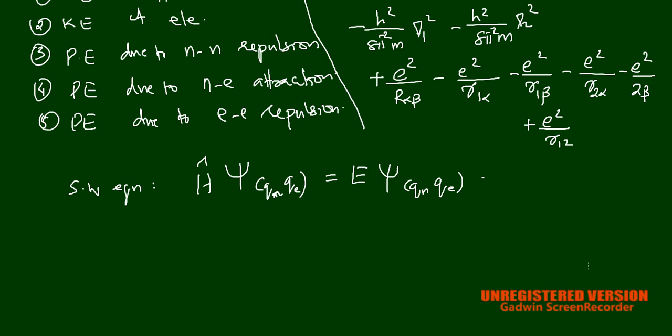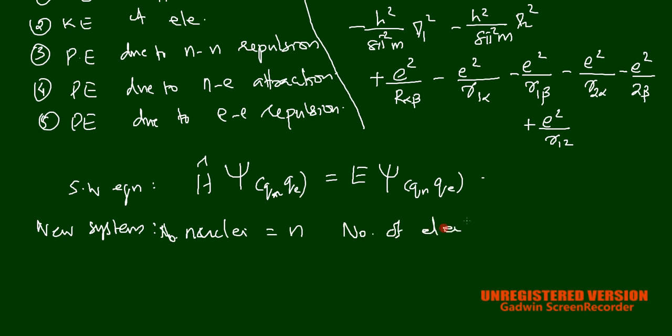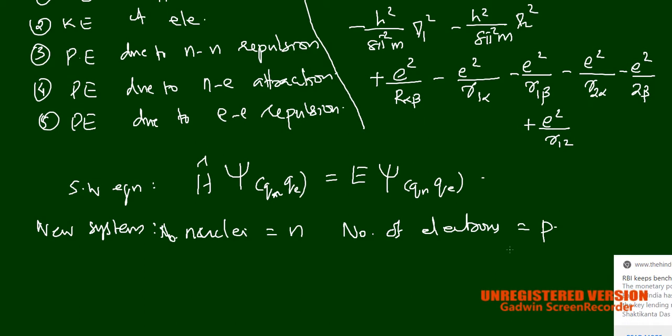Now let us suppose a new system. The system has n number of nuclei and p number of electrons. So the number of nuclei is equal to n, and the number of electrons in this case is equal to p.